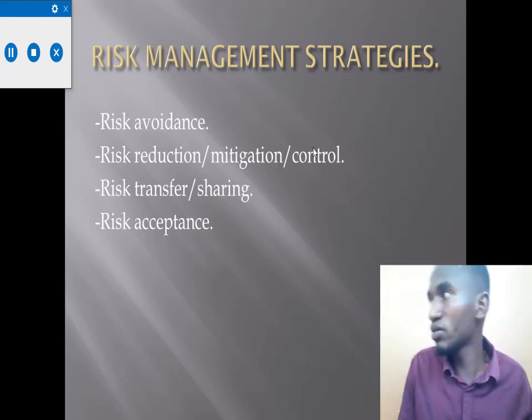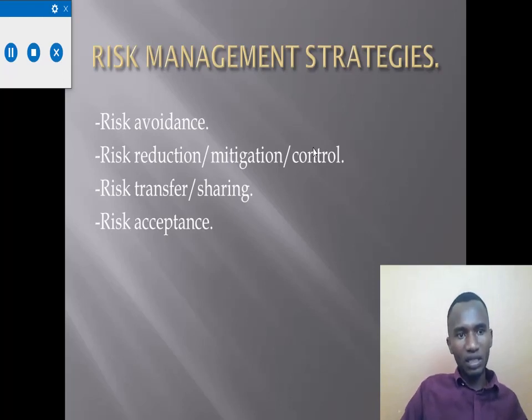When I talk about the risk management strategies, that means the things you do so that you reduce or control the risk. The first one, of course, I've made research about this, is risk avoidance. If you see that a risk is going to compress your business more to the negative side, you avoid it.